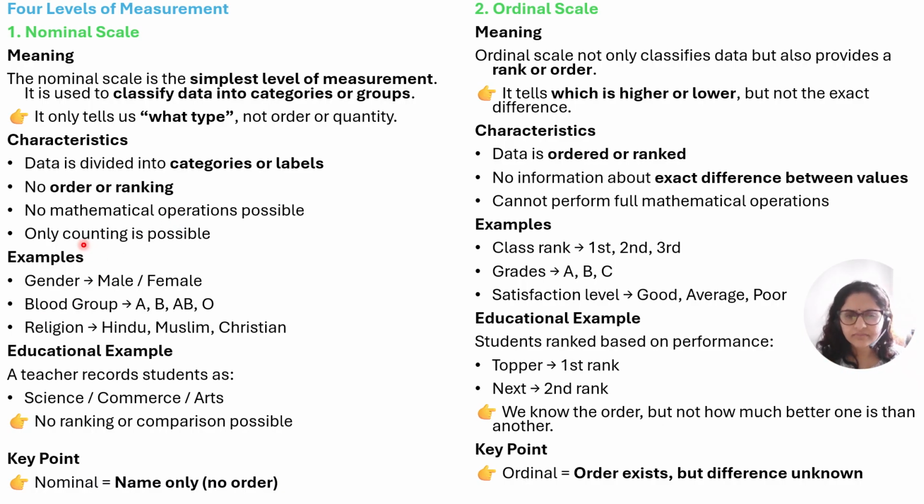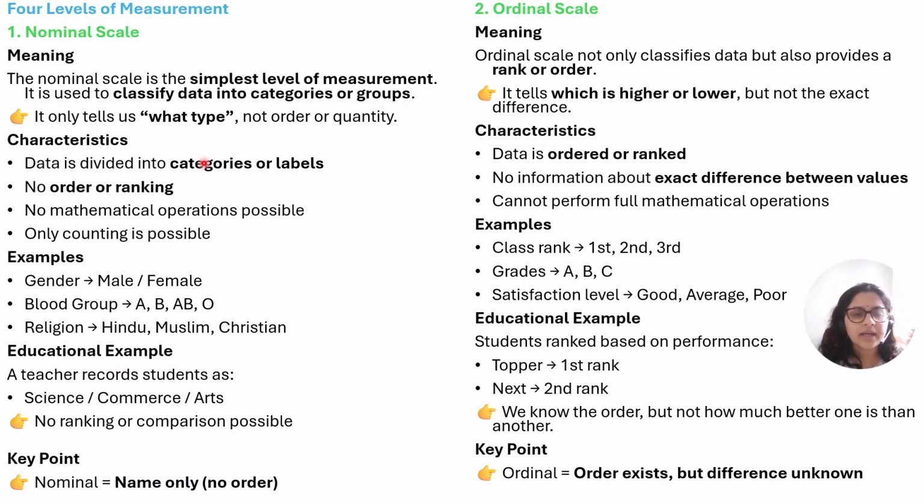Gender, male or female. Very simple, there is no complexity in this. Blood group, A, B, AB, O. Finish, there is nothing other than this. Then religion, Hindu, Muslim, Christian. It is very simple and it will answer the question what type. Male or female, A, B, AB or O, Hindu, Muslim or Christian. Very simple kind of measurement.